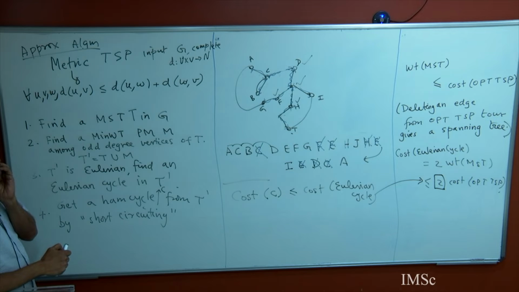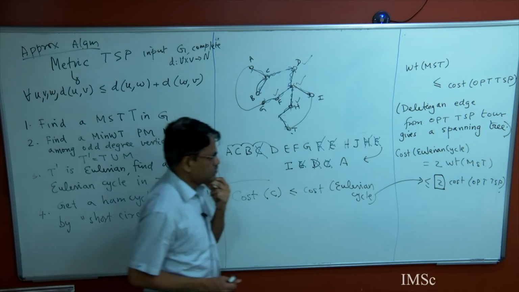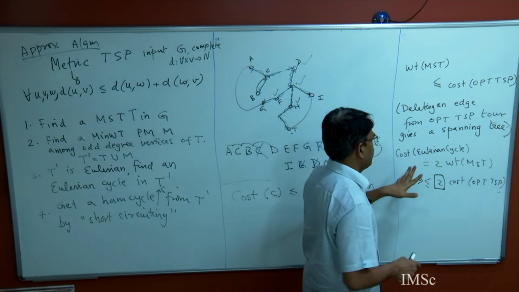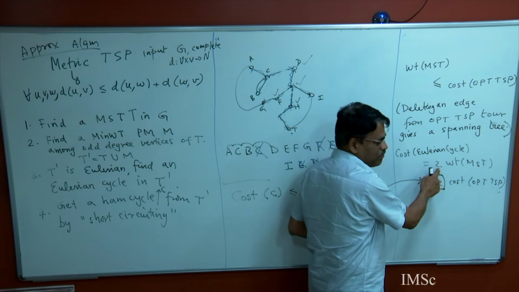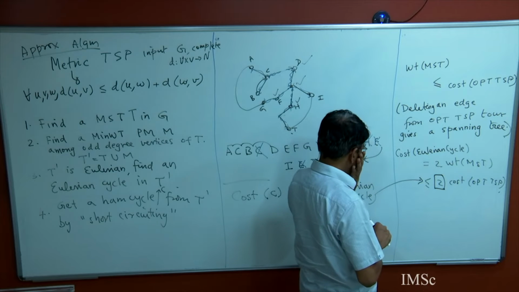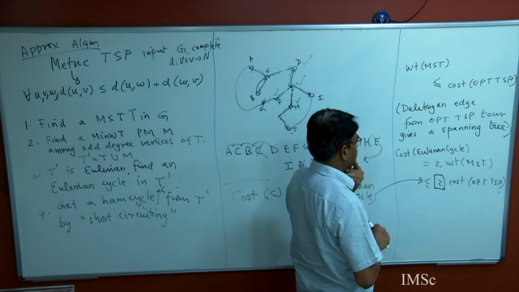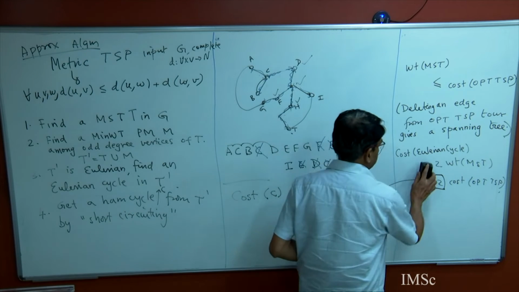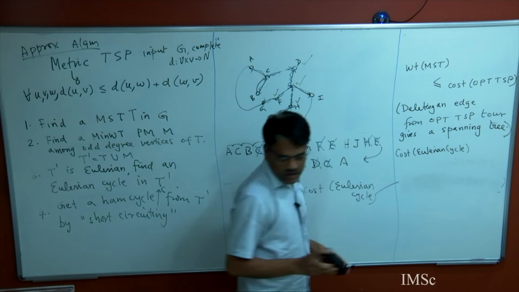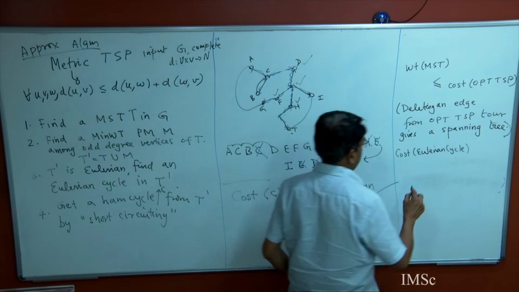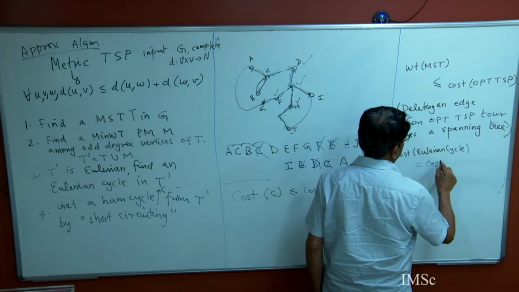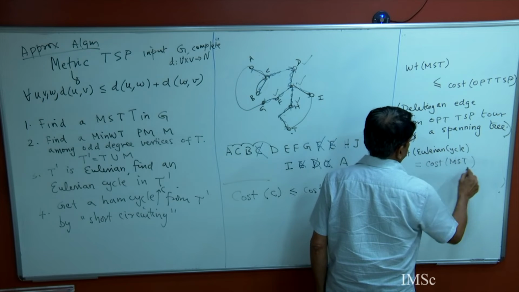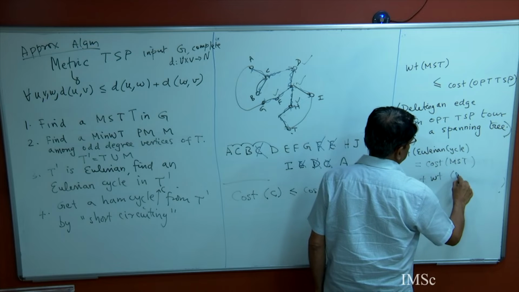Okay. So, now I have to argue the ratio. So, this is fine. Cost of, no, this is not 2 times, it is something better. Okay. We'll see what it is. Well, cost of the Eulerian cycle is equal to the cost, or weight, of the minimum spanning tree plus the weight of the minimum weight matching, right.